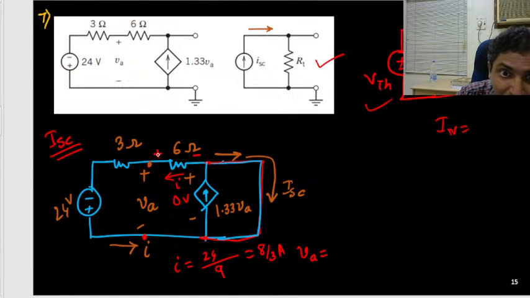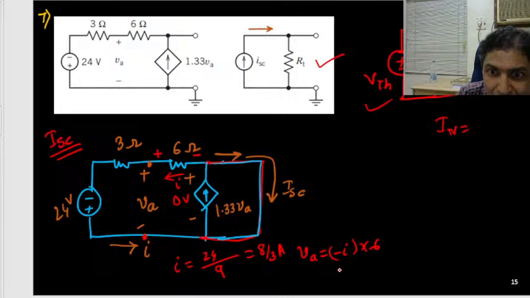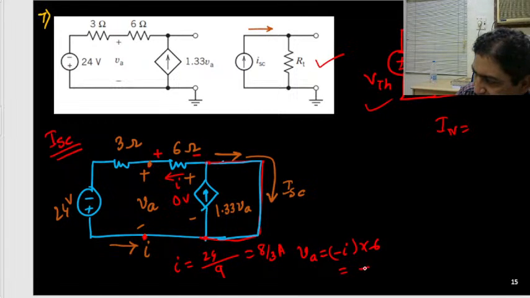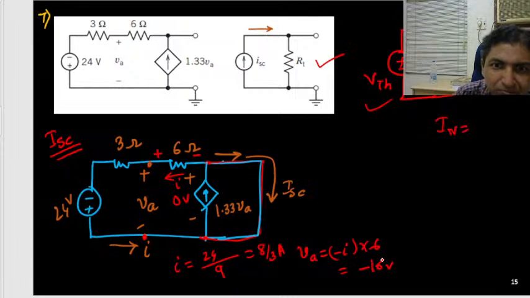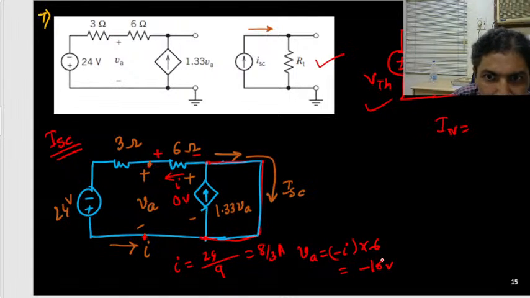VA will be the potential, this plus minus, but the current is given on the opposite side. So it is minus I times 6. I is 8 by 3, so minus 16 volt. Is it right?